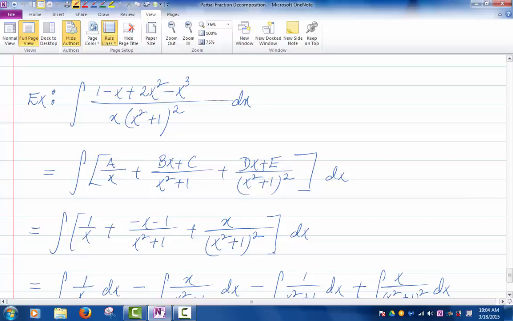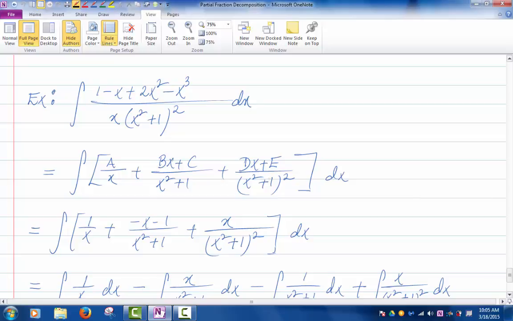So let's write down the decomposition for the linear factor x. The factor x has multiplicity 1. So for that linear factor x, we are going to get the term A over x in the decomposition.